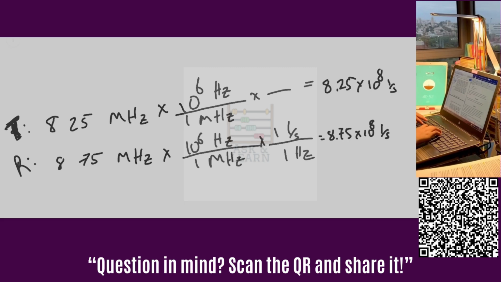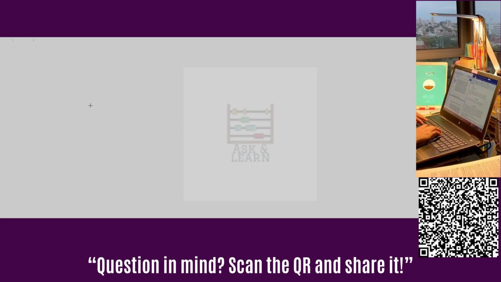Now let's continue to the next page. Now that we have per seconds or hertz, how do we turn frequency into wavelength? We're going to use the speed of light equation: c is equal to lambda nu.